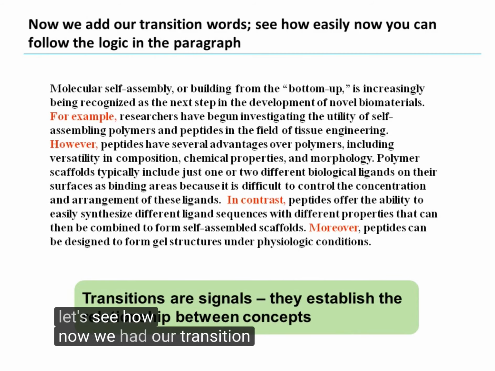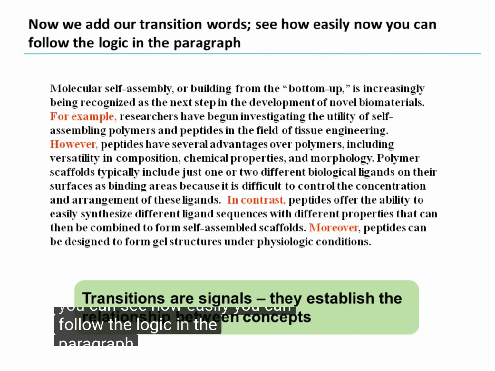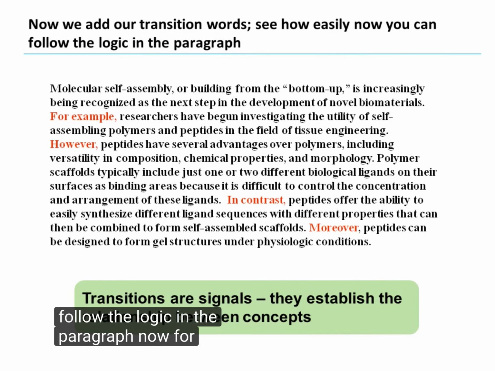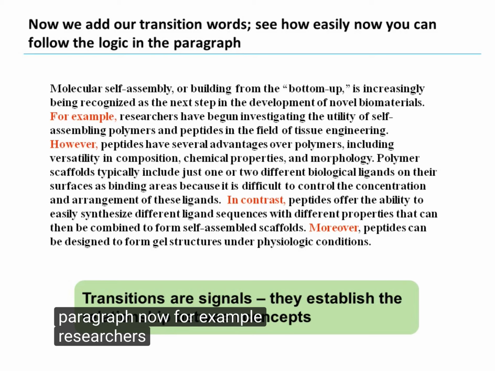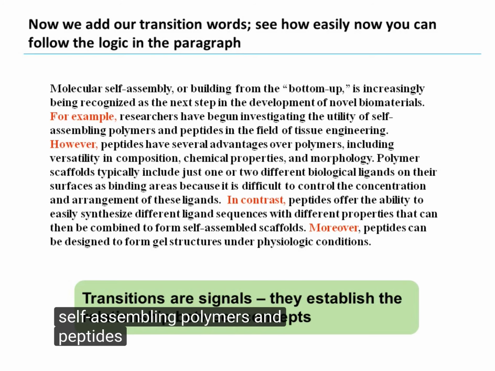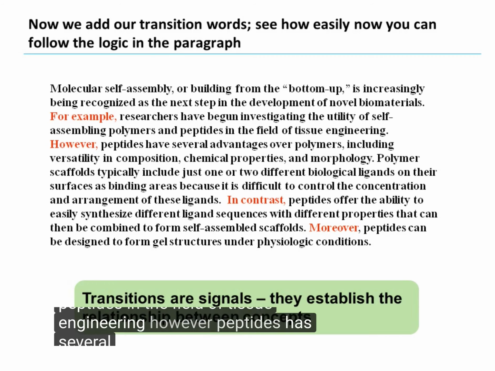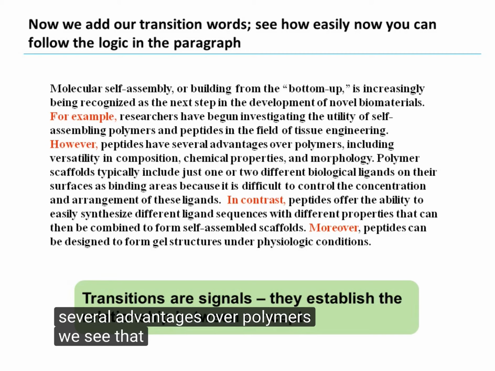Now we get our transition words. You can see how easily you can follow the logic in the paragraph now. For example, researchers have begun investigating the utility of self-assembling polymers and peptides in the field of tissue engineering. However, peptides have several advantages over polymers. We see that contrast.